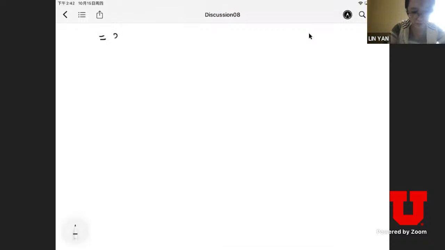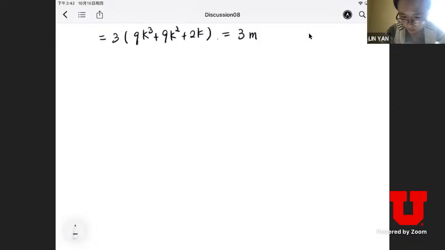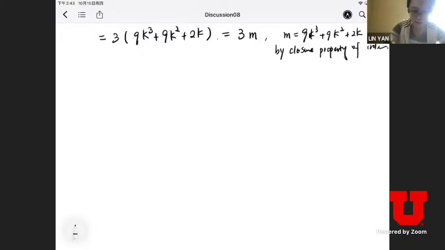So it is equal to 3 times 9k cubed plus 9k squared plus 2k. It is equal to 3m, where m is an integer. So in this case, n cubed minus n is divisible by 3.